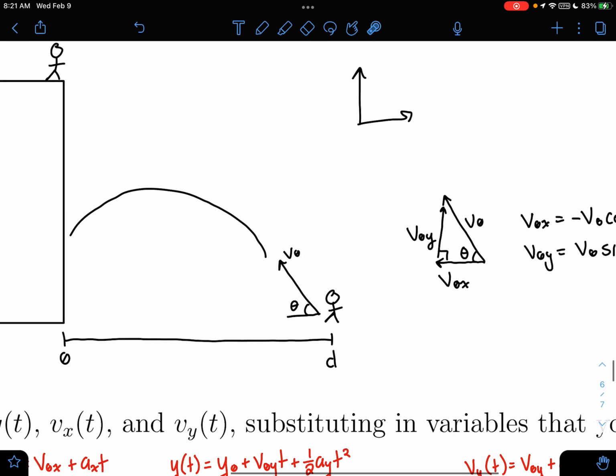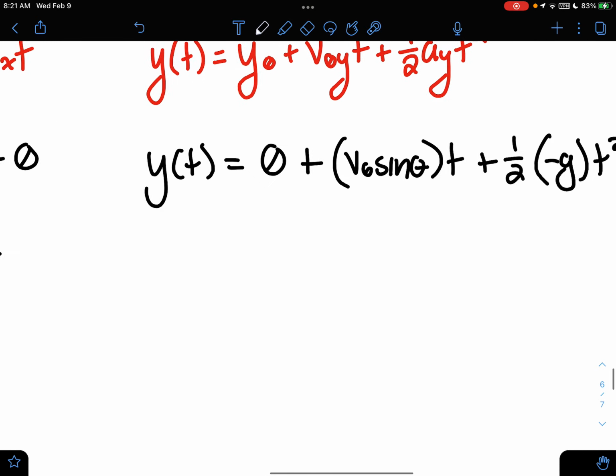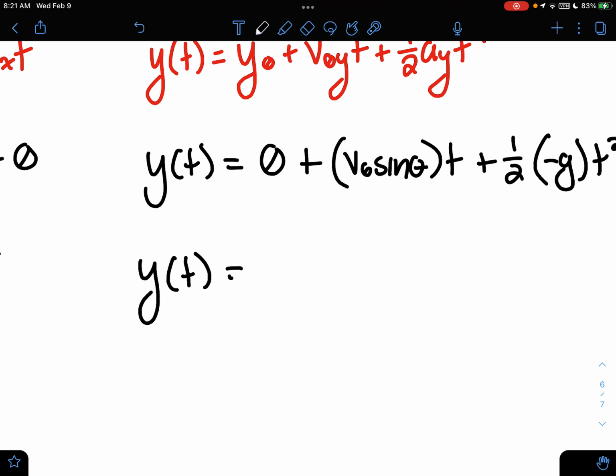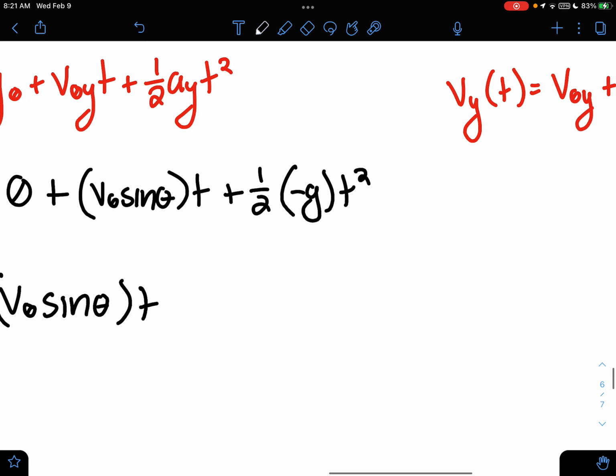I said up was positive, so our gravity going down is going to be a negative g t squared. So simplifying this, it's going to be V naught sine theta times time minus g over 2 t squared.